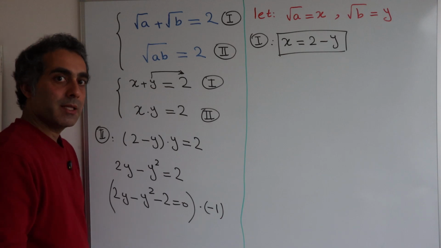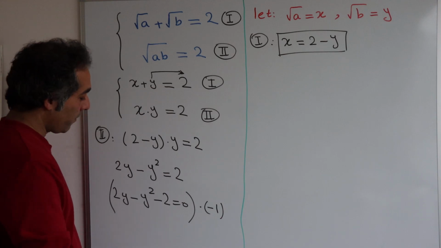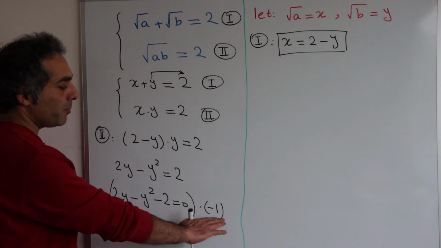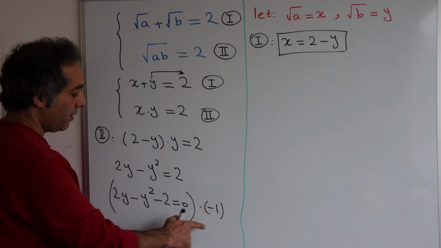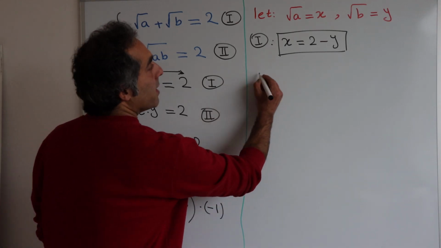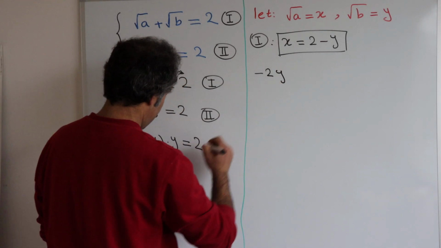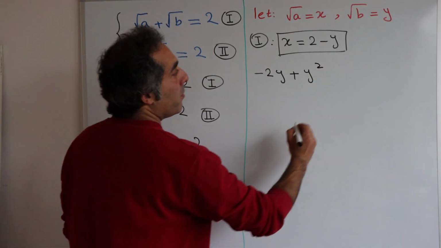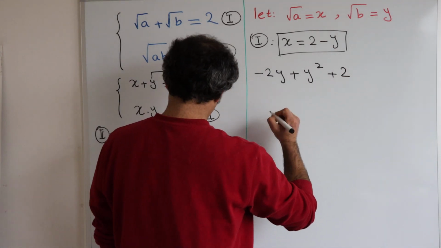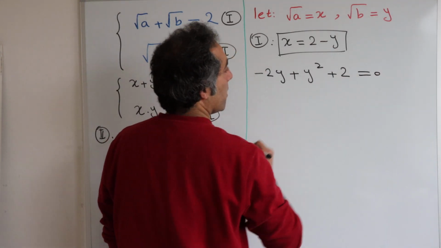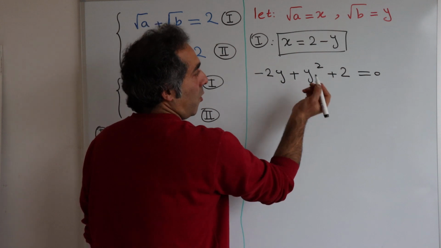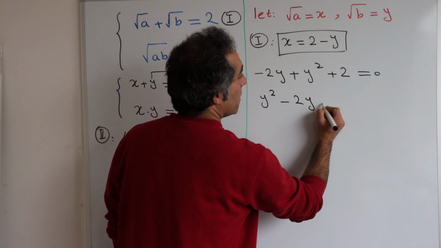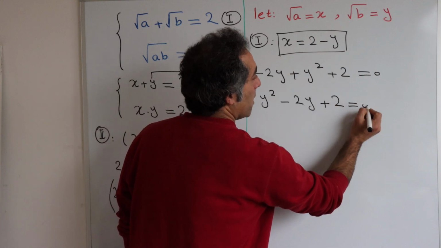So the simplest way is to get rid of it. By multiplying by minus 1, we have minus 2y plus y squared plus 2 equals 0, or as a standard form, y squared minus 2y plus 2 equals 0.